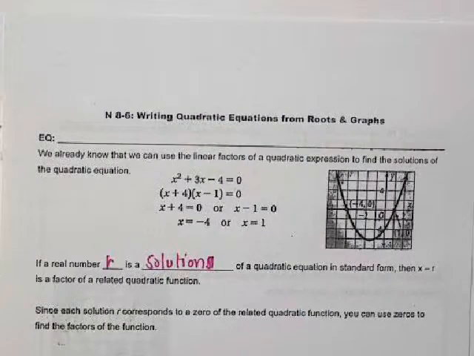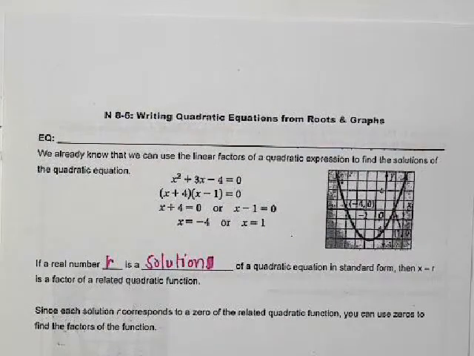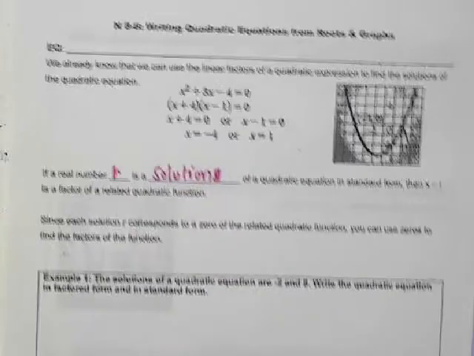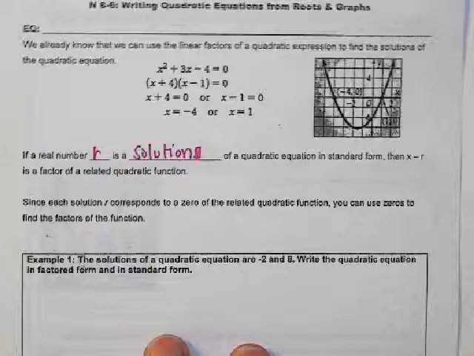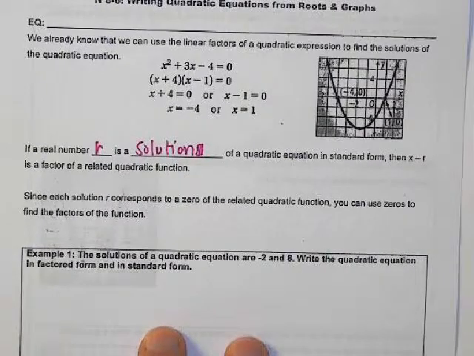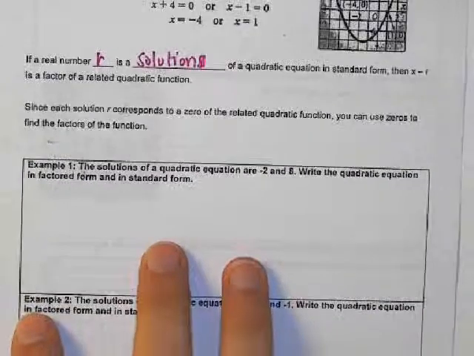So since each solution r corresponds to a 0 of the related quadratic function, you can use zeros to find the factors of the quadratic function. Okay, let's just go ahead and dive into this so I can explain it. Words don't make a lot of sense in math a lot of times. Okay, so let's just explain it how we know it.